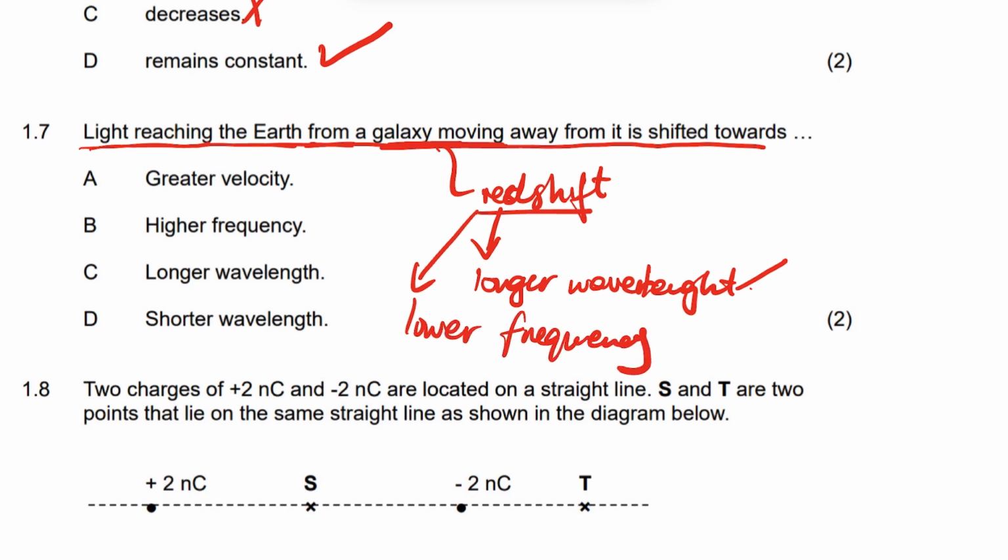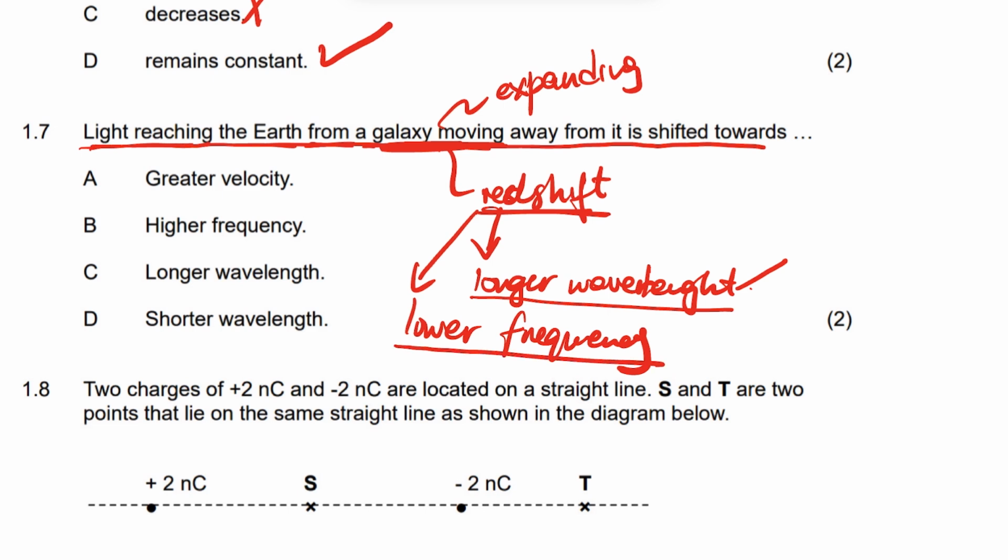If the galaxy is moving away, that's what we call an expansion. The universe is expanding, right? When the universe is expanding, that's a redshift. So the redshift is associated with the longer wavelength and the lower frequency.